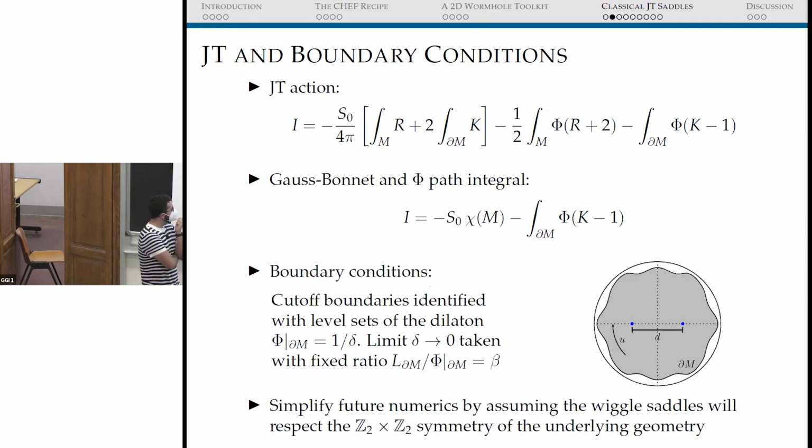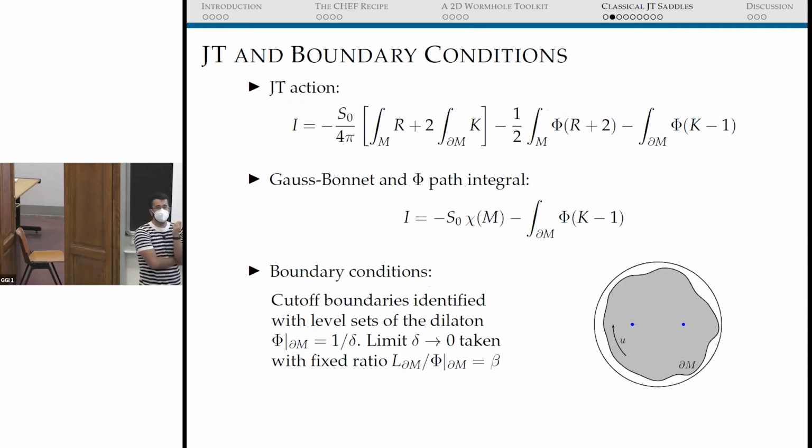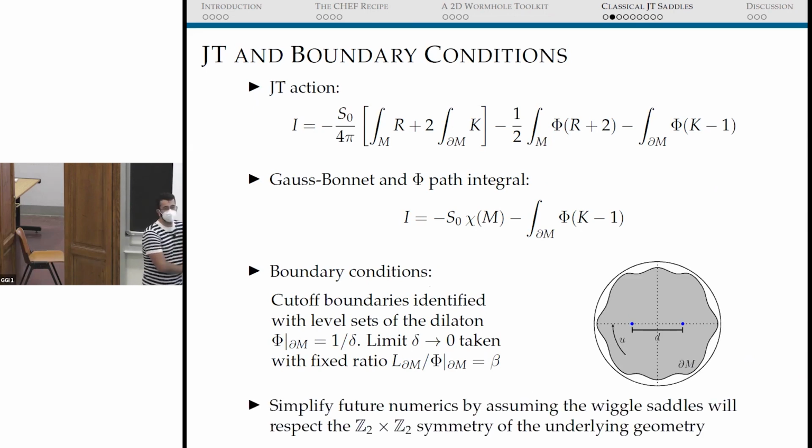But you could ask what happens if you vary in moduli space for configurations that don't satisfy that, like varying the modulus and also the boundary wiggles while sticking with the level set where R is -2. But maybe your point is you have to leave that in order to properly understand the stability of the saddle. Is that what you were saying?